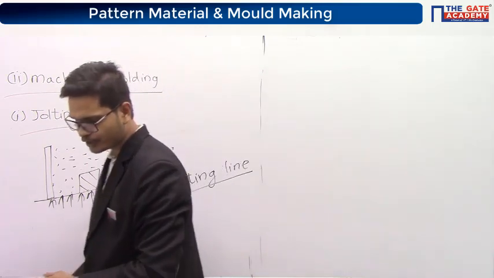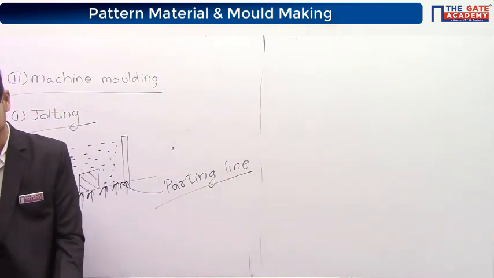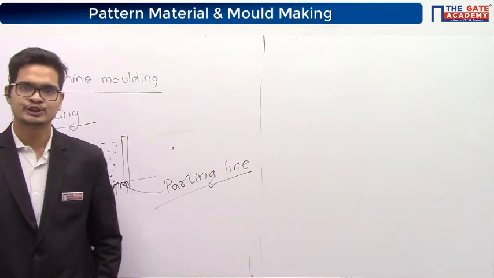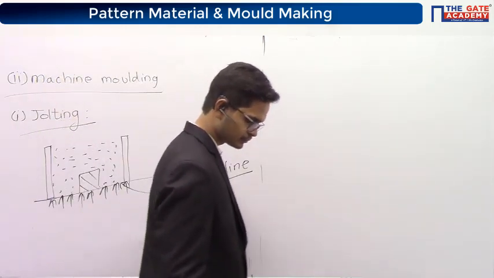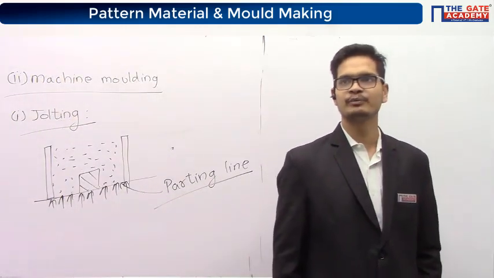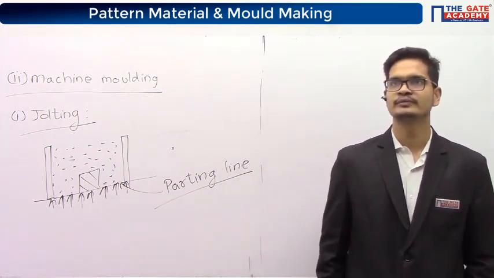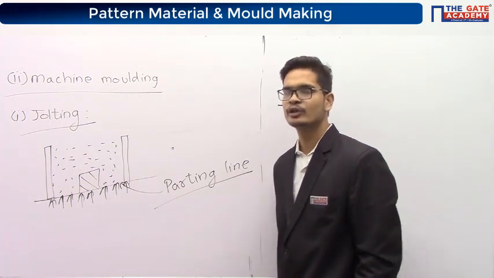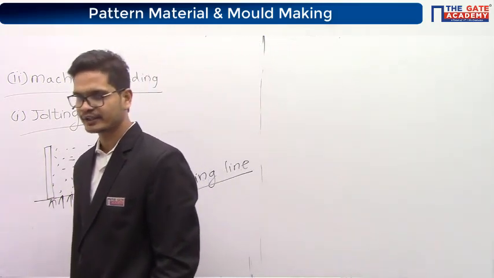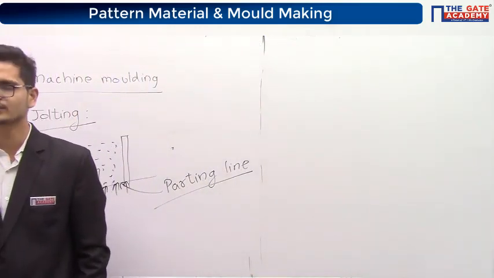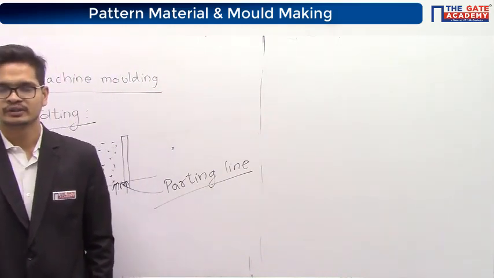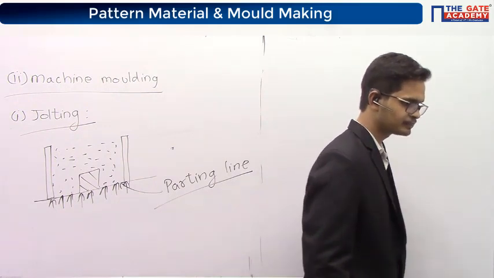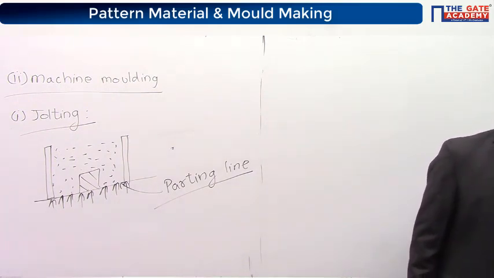So write down about jolting. In jolting, a sand-filled mold is raised to a certain height, and it is allowed to fall freely.